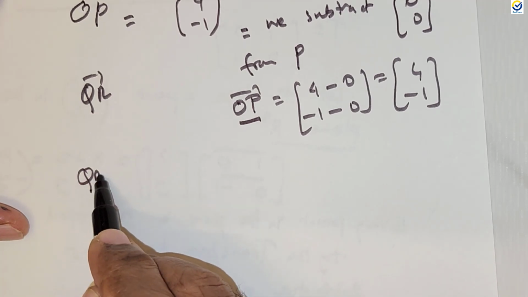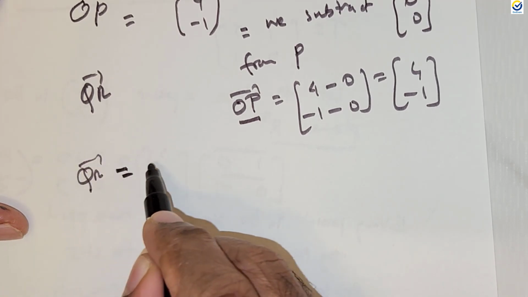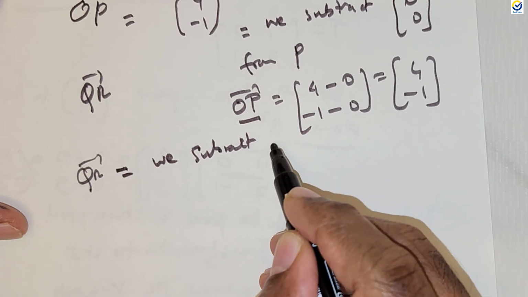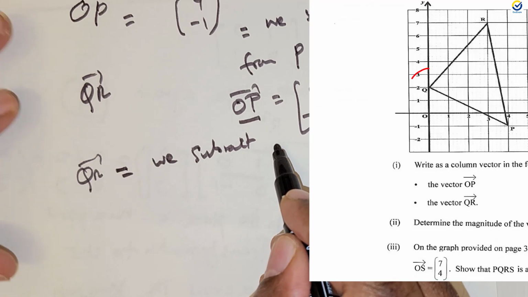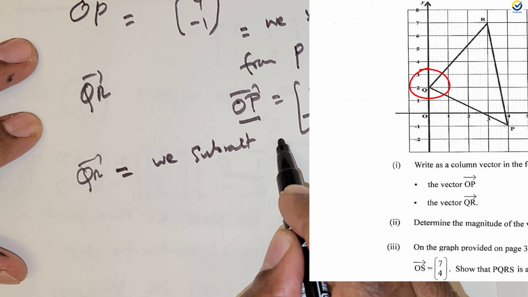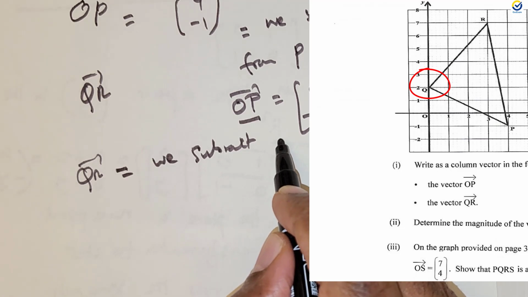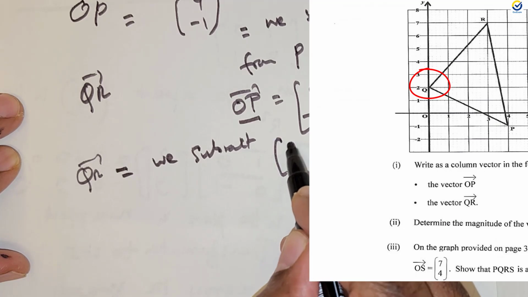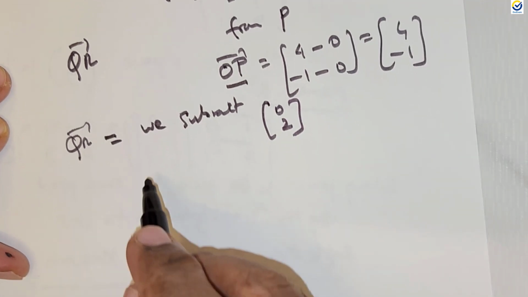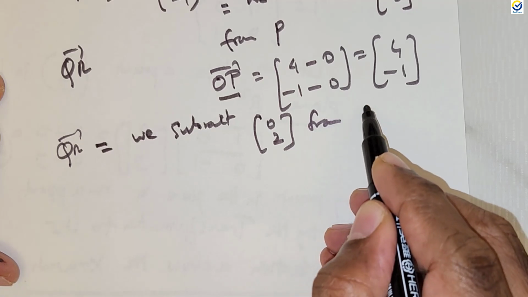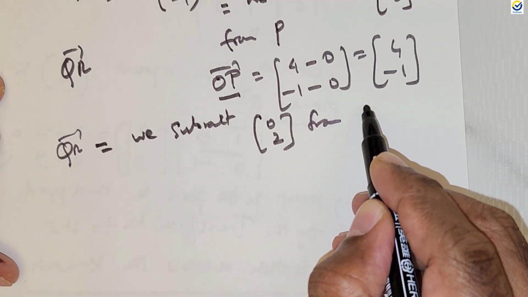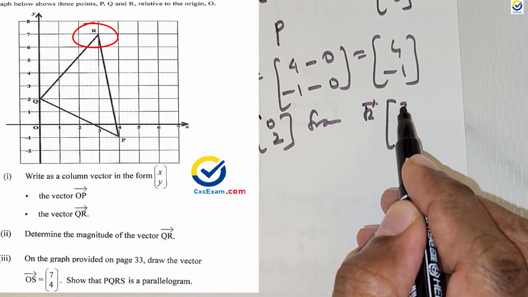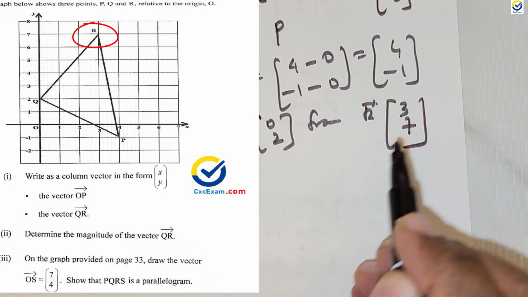Similarly, to get the QR vector, we subtract the point Q from R. Q is located on the y-axis, so it's (0, 2). So we subtract (0, 2) from R. R is represented as (3, 7).